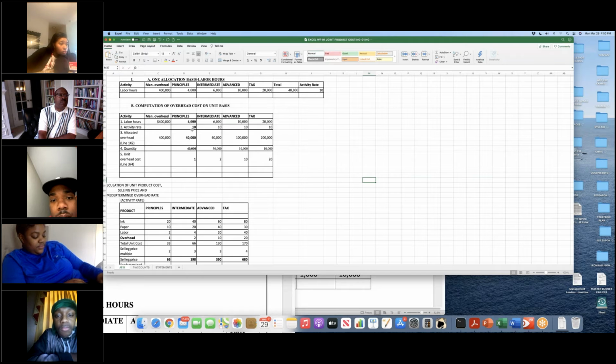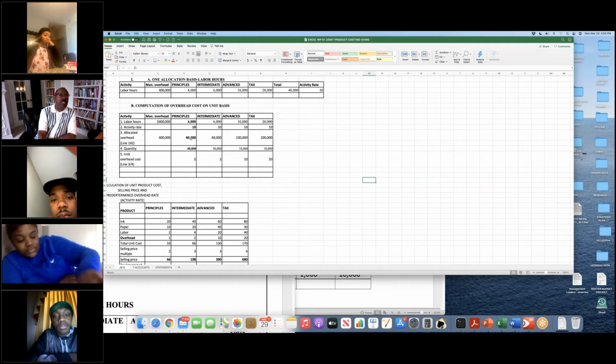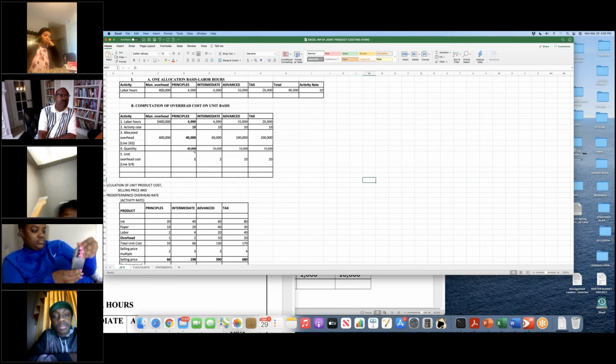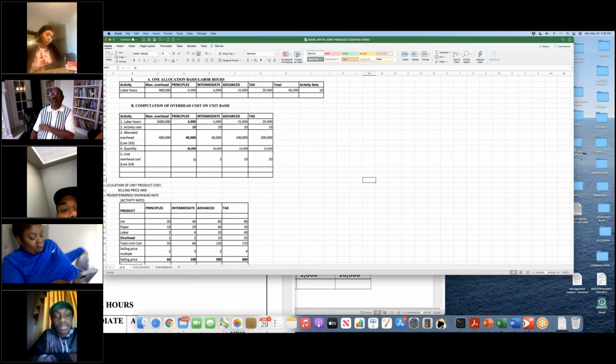So principals have 4,000 labor hours. 10 times 4,000 gives you 40,000. That's the amount of the overhead that's allocated to the principal's book. We're making 40,000, so we divide the quantity being made into that, and we get 1. Do you kind of see that?